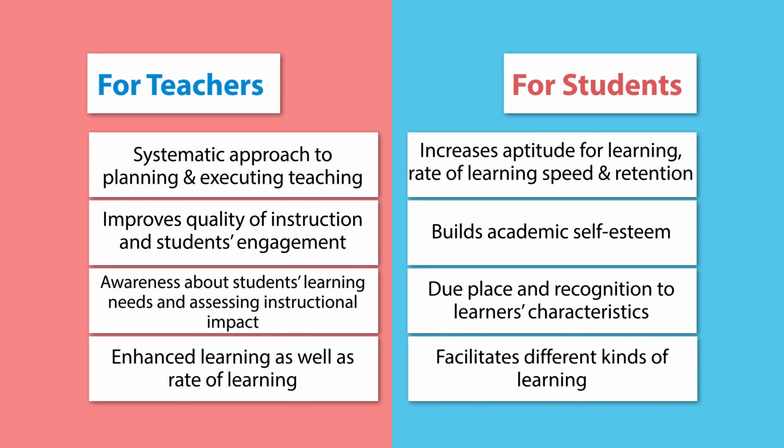And if those characteristics are given due place in the teaching learning process, definitely the teaching will be more effective. And the teaching model always facilitates different kinds of learning. Some learn by listening, some learn by doing. So any good teaching model facilitates different kinds of learning.